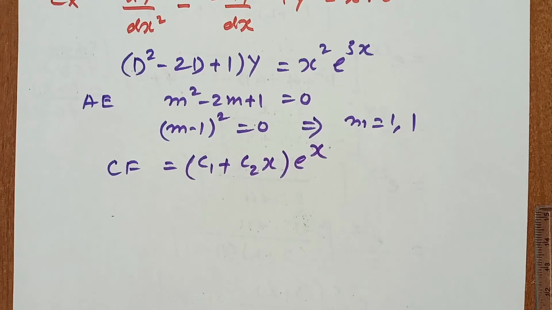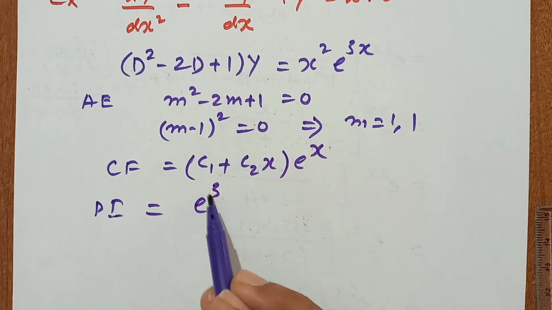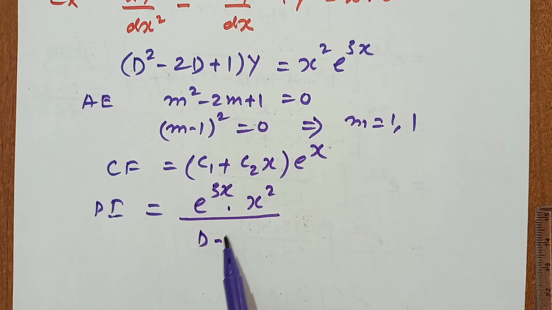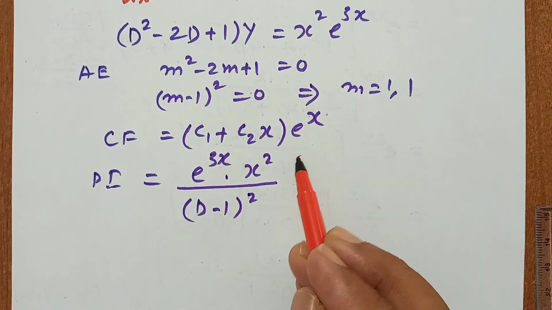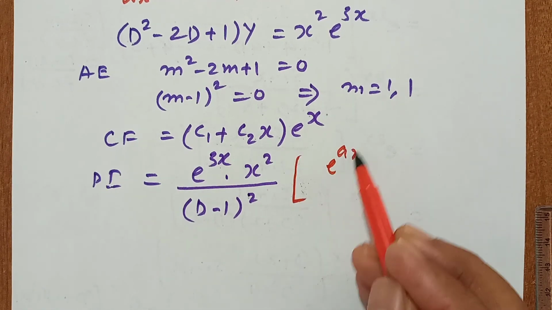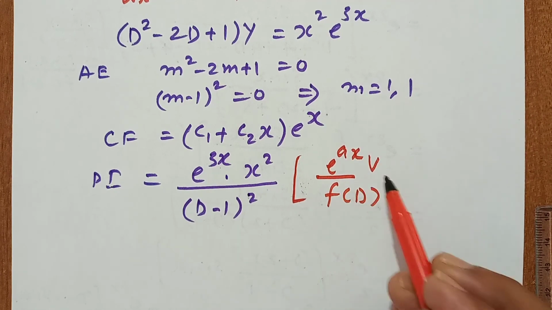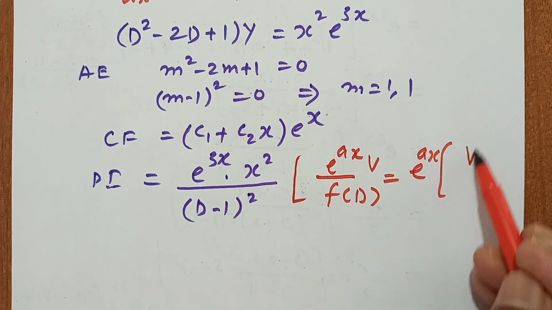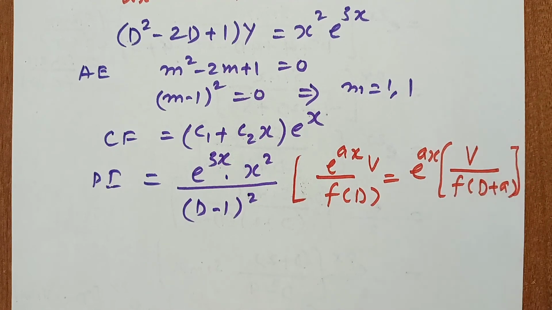Now the particular integral is e^(3x) x² / (D - 1)². As we know, what is the formula? The formula is e^(ax) V / f(D) equals: you take e^(ax) outside, and we calculate only V / f(D + a).